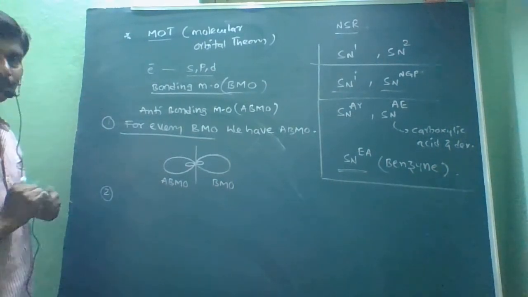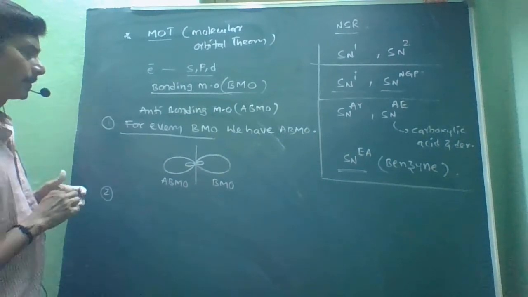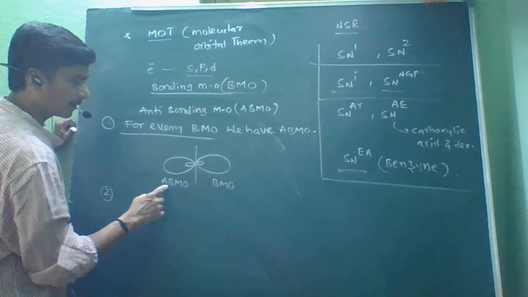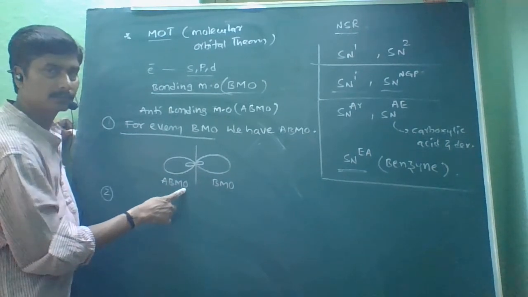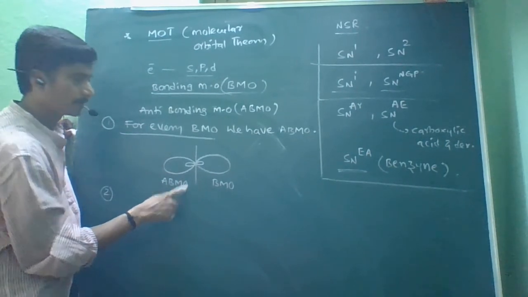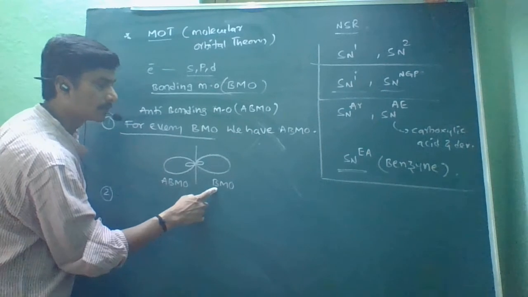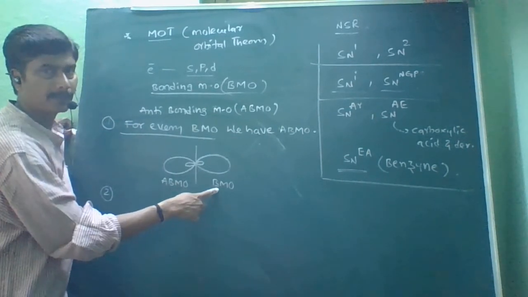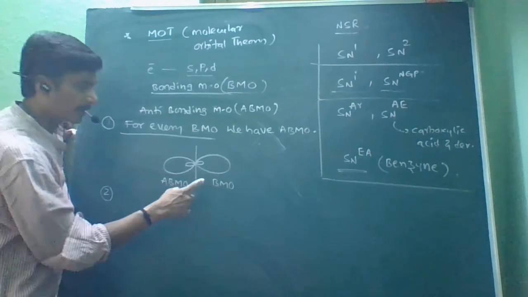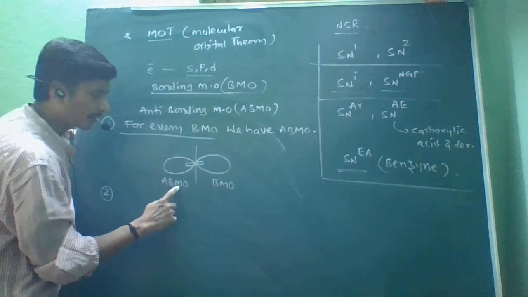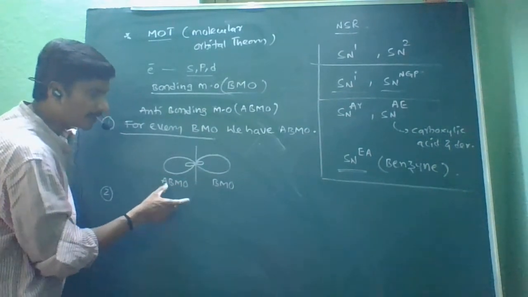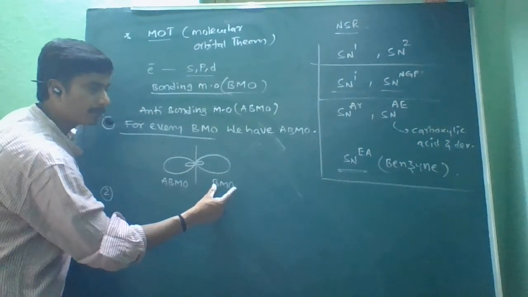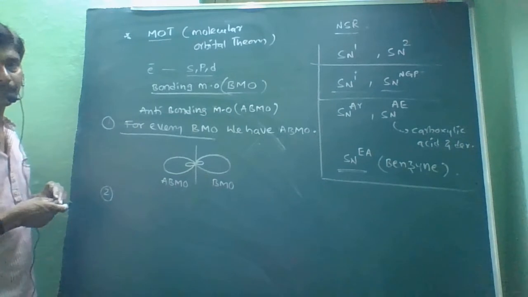Number two, the anti-bonding molecular orbital is opposite to the bonding molecular orbital.